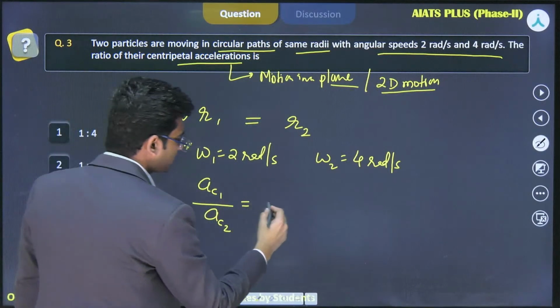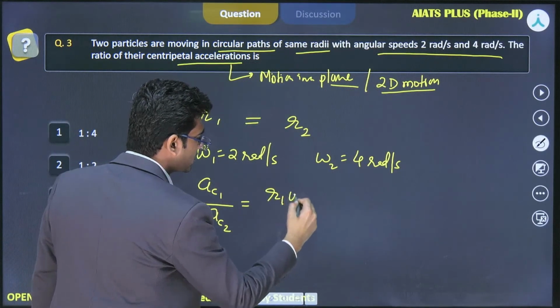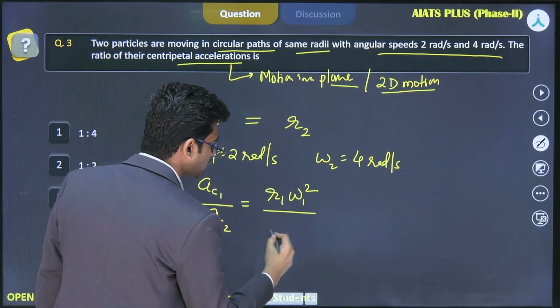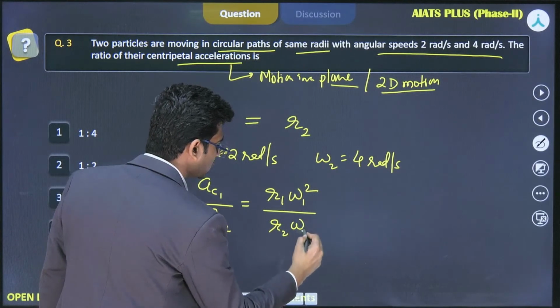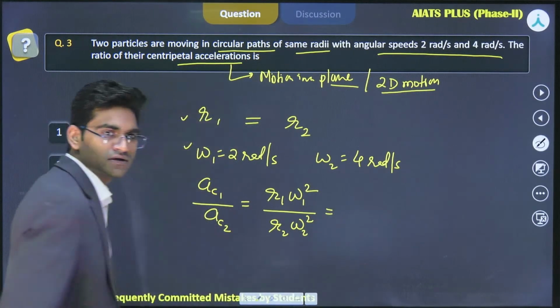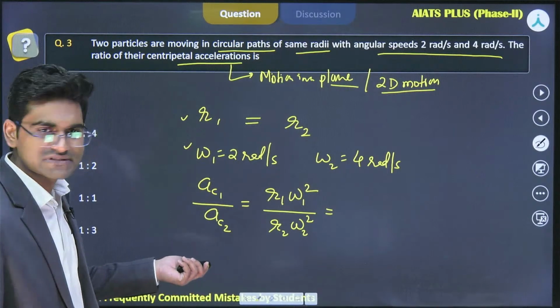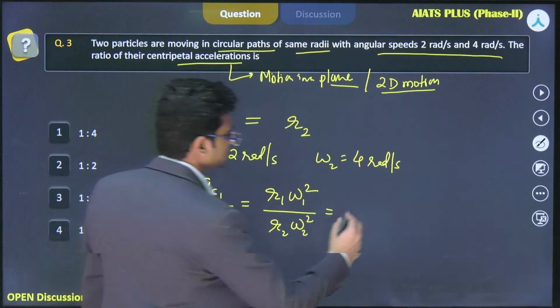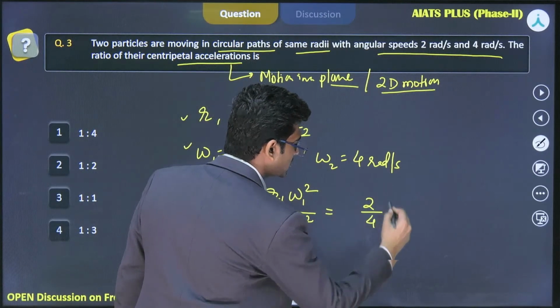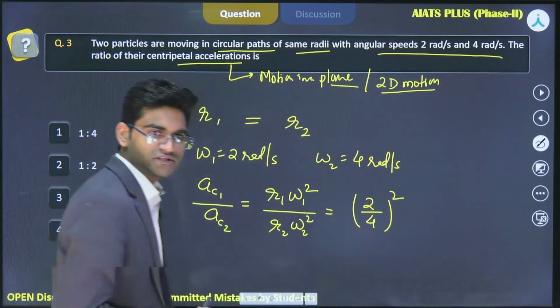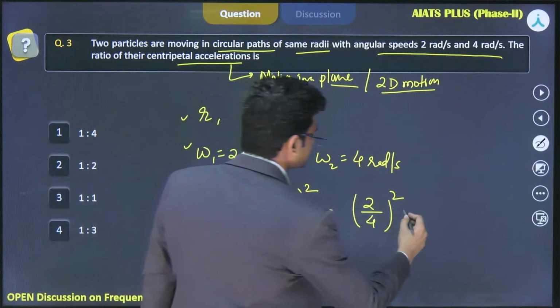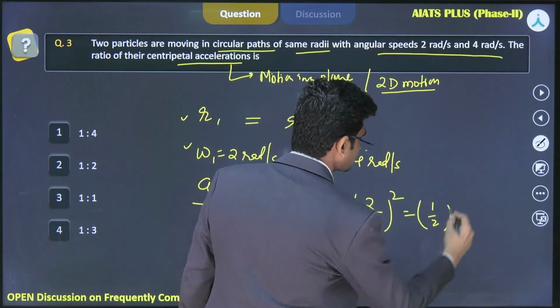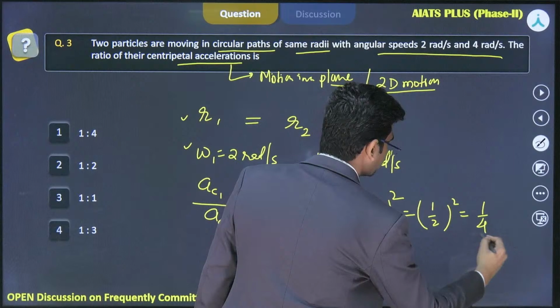So this will become r1 omega 1 square, and this would be r2 omega 2 square. R1 and R2 are the same, so they will get cancelled out, leaving omega 1 and omega 2. So this will become 2 by 4, and there is a square also, so this is (1 by 2) square, and the answer would be 1 by 4.